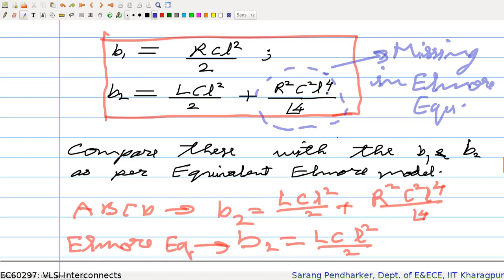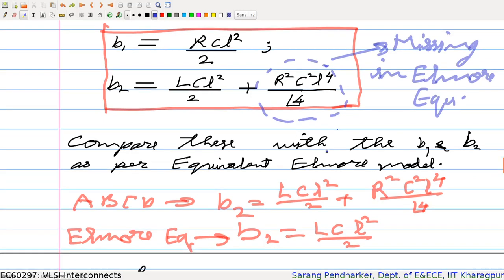However, for longer length, you can see that this term scales with the power of 4 when the length increases. So for longer length interconnects, this error might not be negligible, and you may have to consider it in your analysis. That's where this ABCD parameter based analysis comes into picture, right?